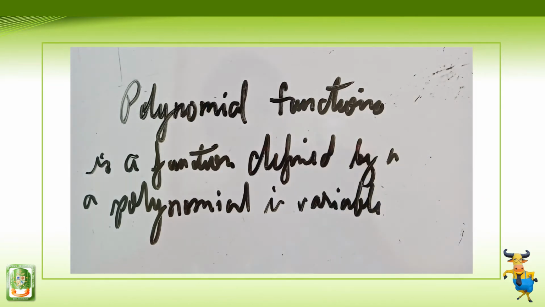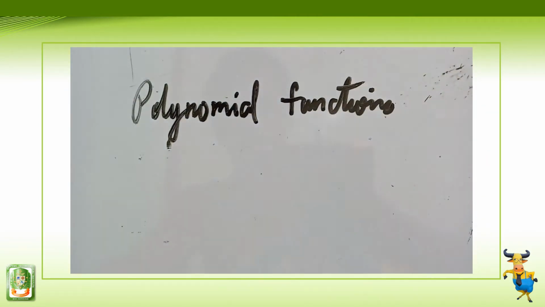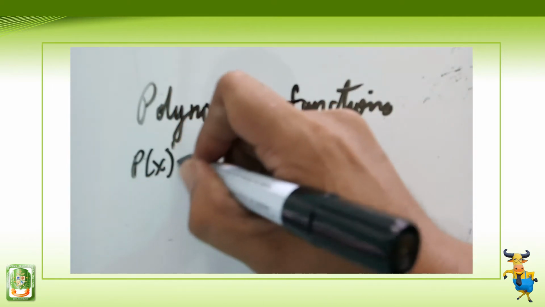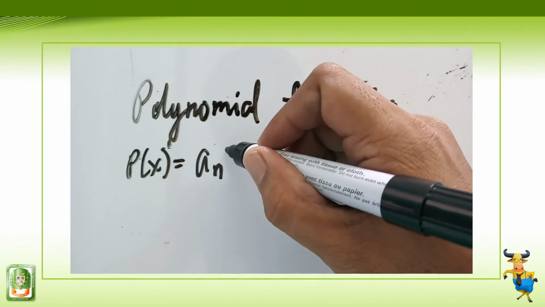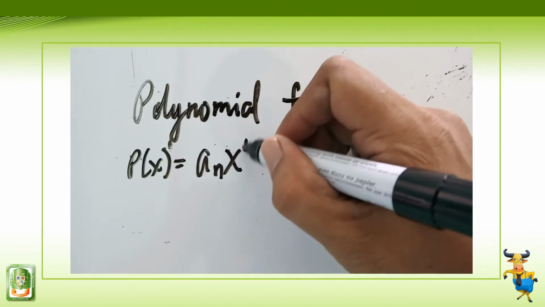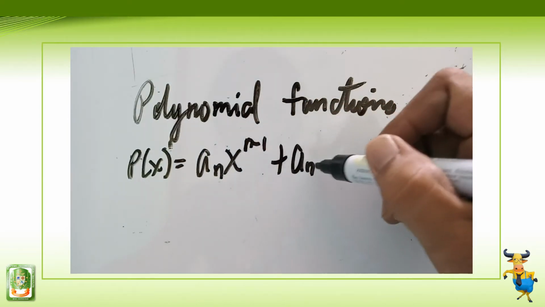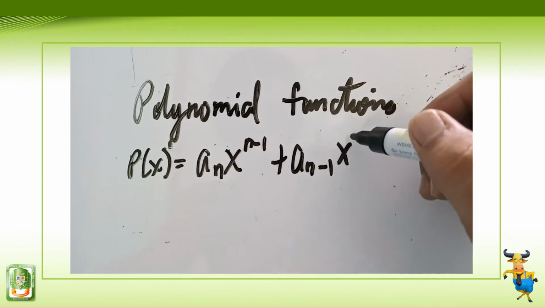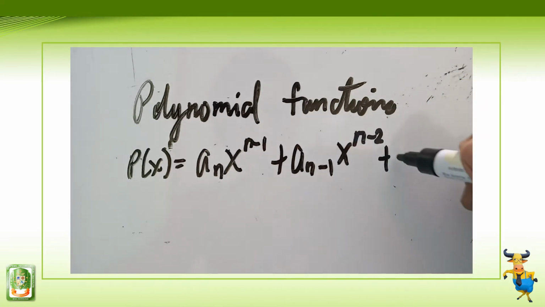It can be written in the form p of x is equal to a sub n x raised to n plus a sub n minus 1 x raised to n minus 1 plus and so on and so forth.